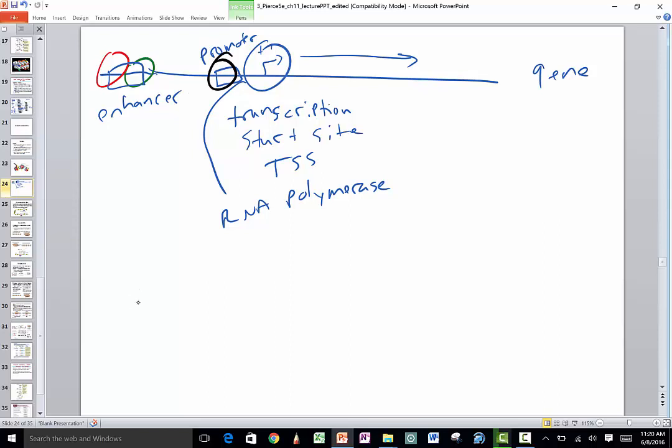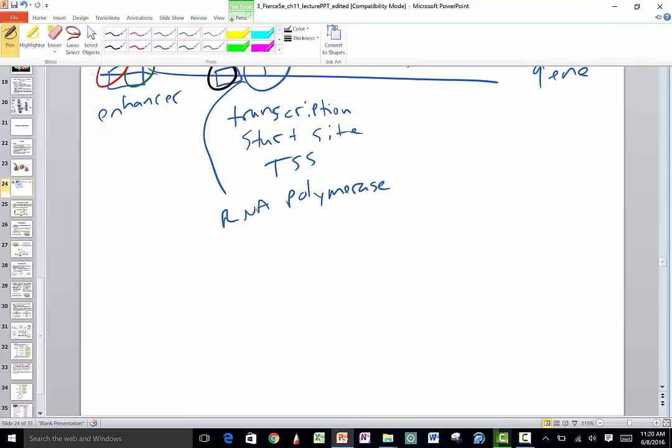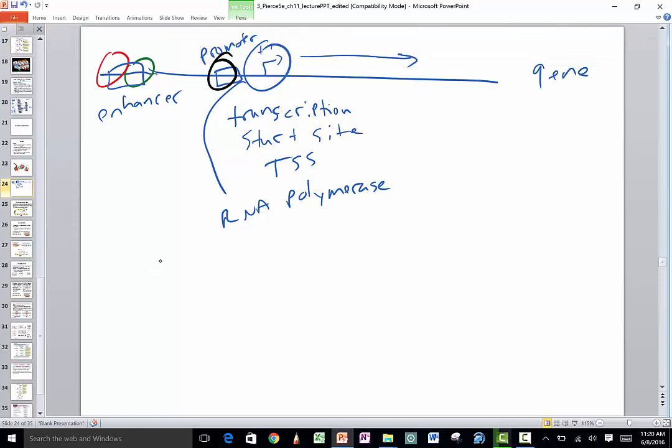So the thinking is that if we've got DNA, I guess before I had our DNA wrapped around these nucleosomes, and we have a gene in here.